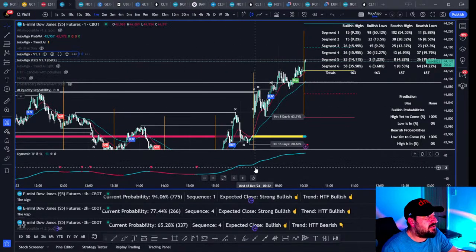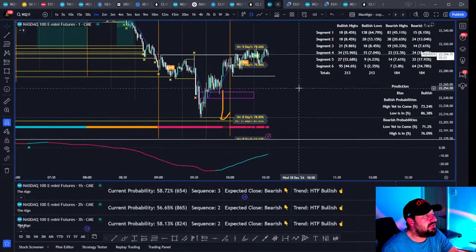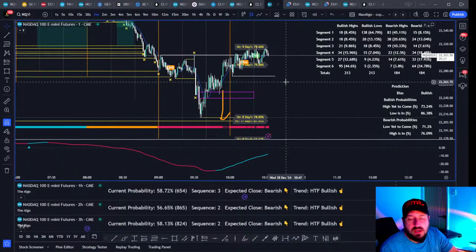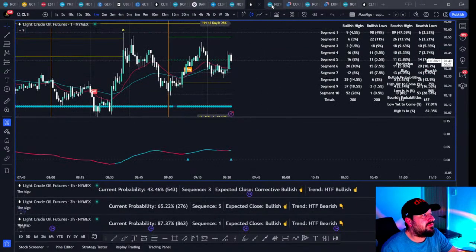We're very bullish, coming up. We got half an hour. Not looking super strong, but on the bullish side. But we got half an hour.